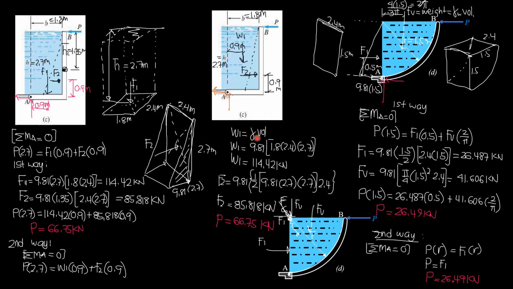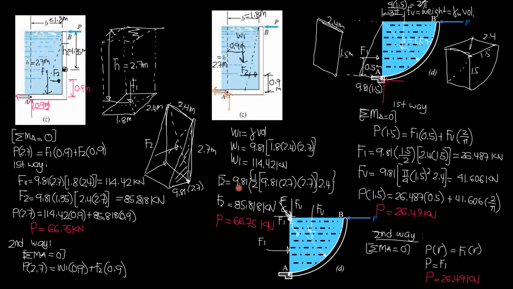Weight 1 is specific weight of water 9.81 times the volume, the area of this rectangle, 1.8 by 2.7, times width perpendicular to the screen 2.4. So 114.42, the same.